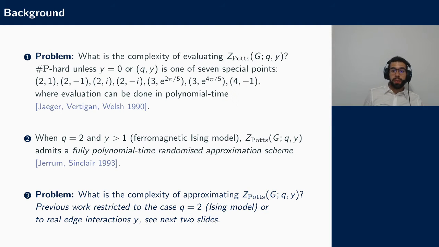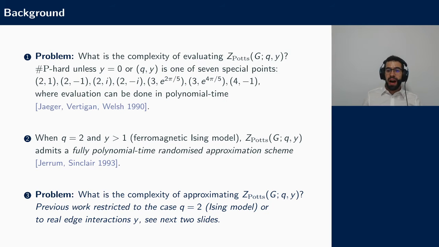Interestingly, when q equals 2 and the edge interaction is larger than 1, which is the case of the ferromagnetic Ising model, this partition function admits a fully polynomial-time randomized approximation scheme. This is a famous algorithm of Jerrum and Sinclair. So we have an example of a problem whose exact version is #P-hard, but the approximate version is easy.